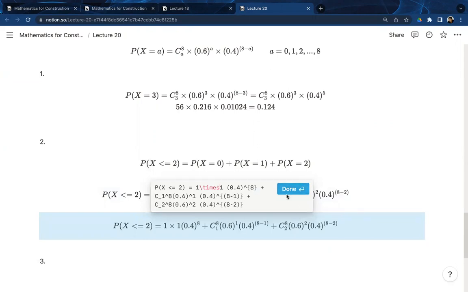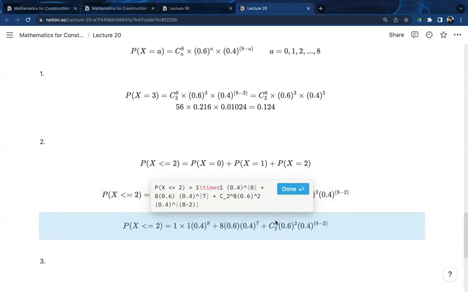This one down here, 8 choose 1, is 8 factorial over 7 factorial by 1 factorial. This is going to be 8. You don't need that power of 0.6. And this is 0.4 to the power 7.